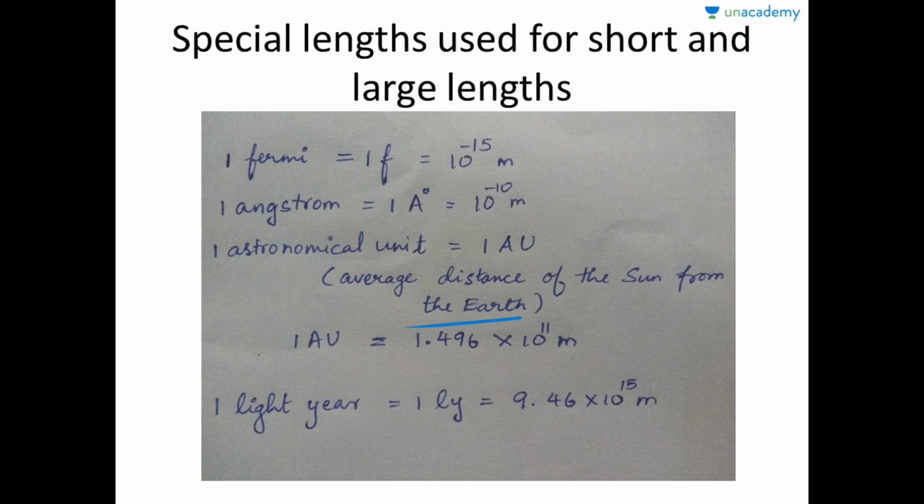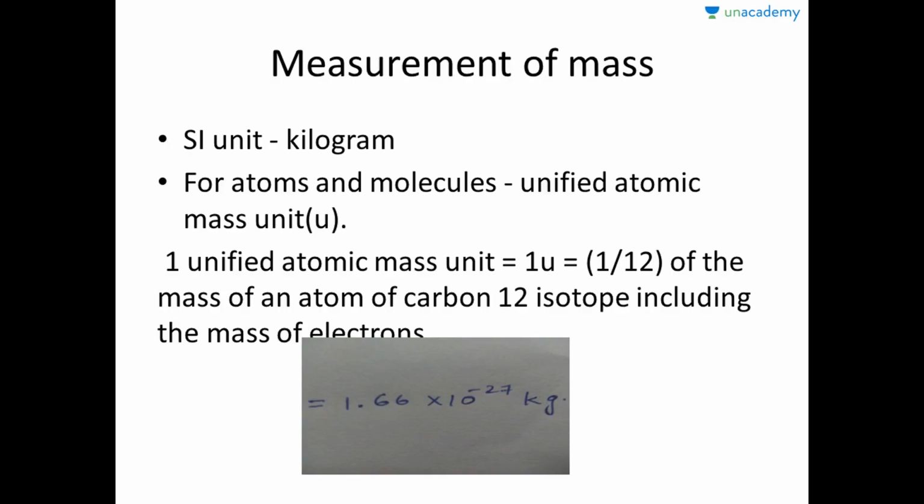What is a light year? A light year is the distance that light travels with velocity of 3 into 10 raised to 8 meter per second in 1 year. Now, measurement of mass. The SI unit is kilogram and is denoted as kg.